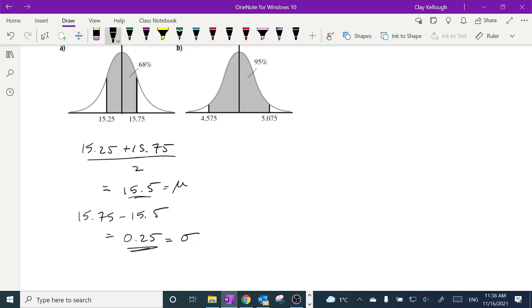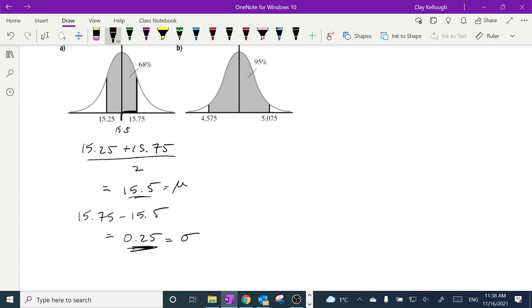Oh, I lost you? Yes. If you count backwards by 0.25, you get to here, which is 15.5. So the standard deviation is the distance from here to here, which is 0.25. Oh, it's because it's that little spot, isn't it?